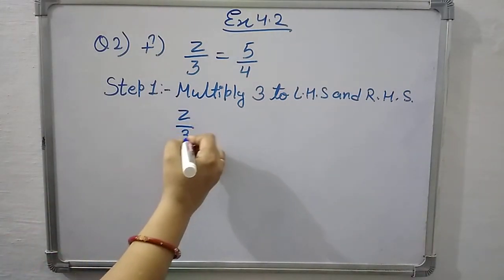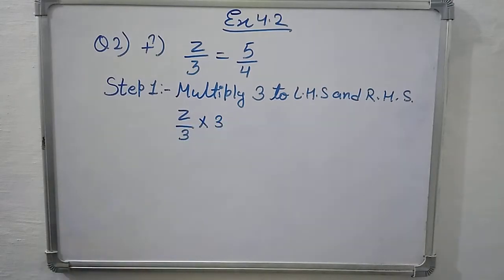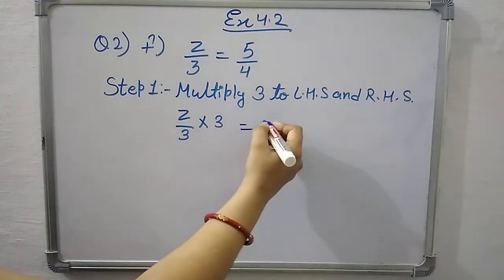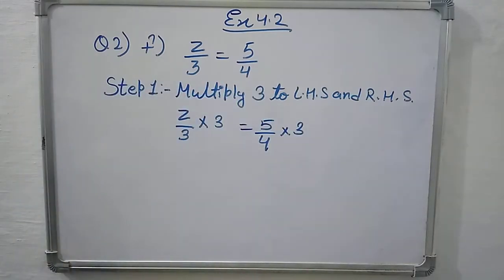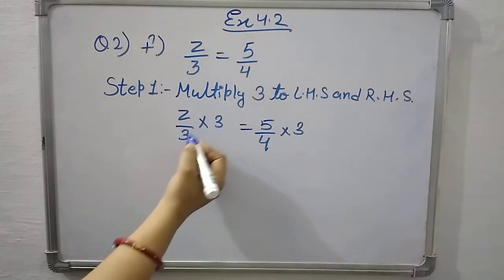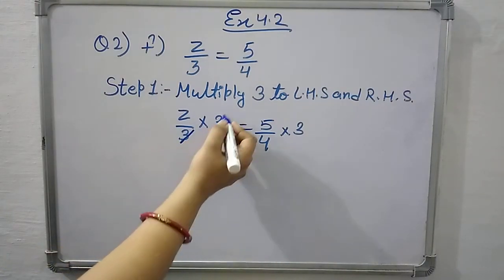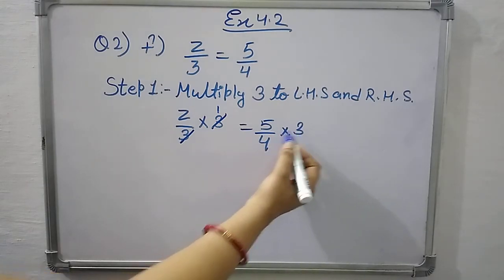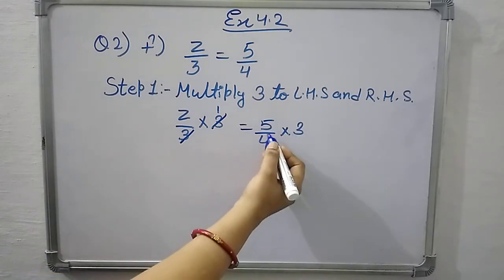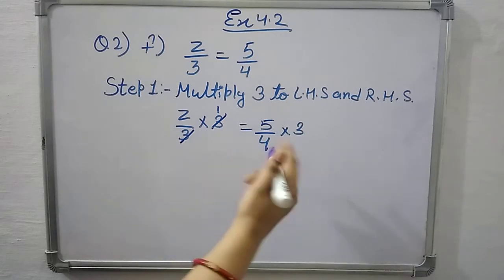So equation will become z upon 3 multiplied with 3, 5 upon 4 multiplied with 3. Now we will divide this 3 by 3, which gives quotient 1. Here we cannot divide this 3 or 5 with 4, so we'll keep it like this.